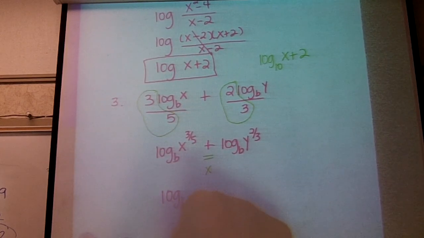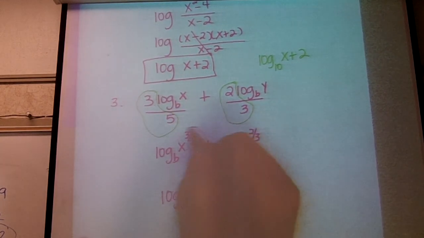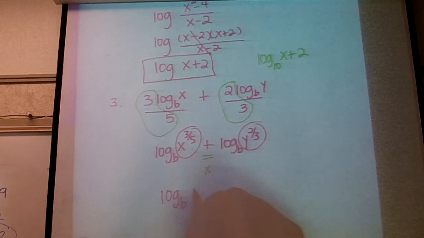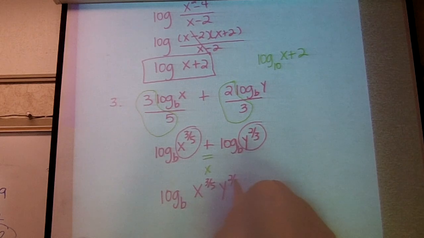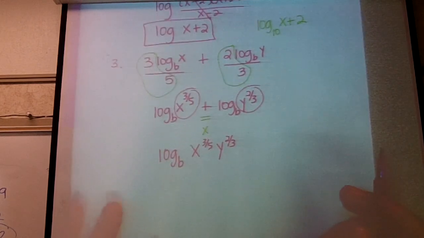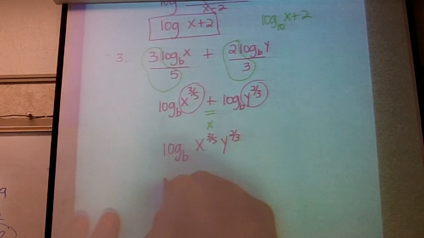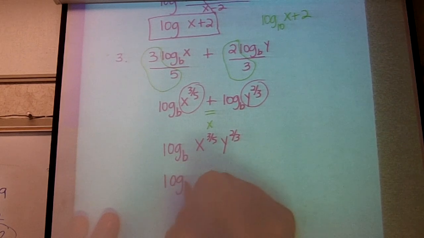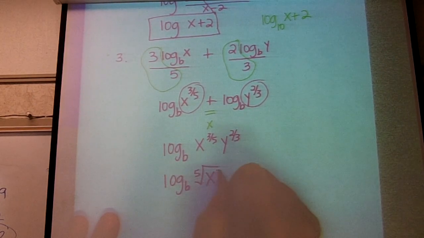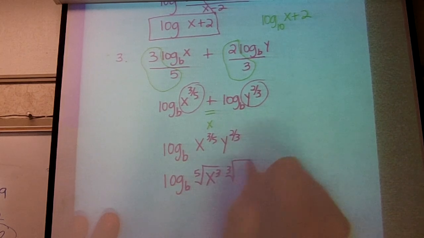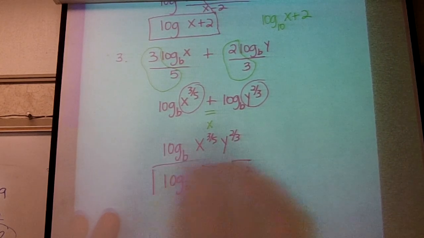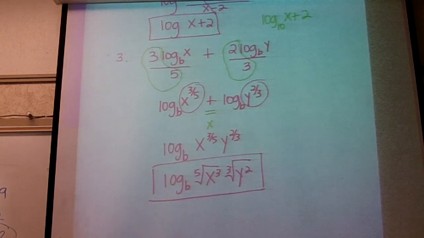So log base b of this guy and this guy. Not too bad. And like I said, it'd be really nice for you to use your fractional exponent know-how. And don't be lazy, be smart, and impress us with this final answer.